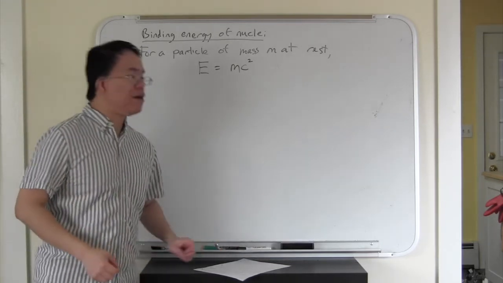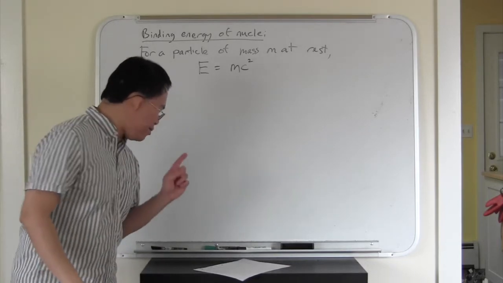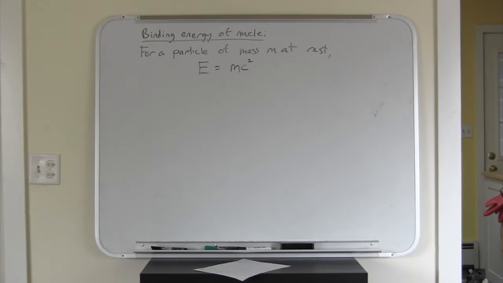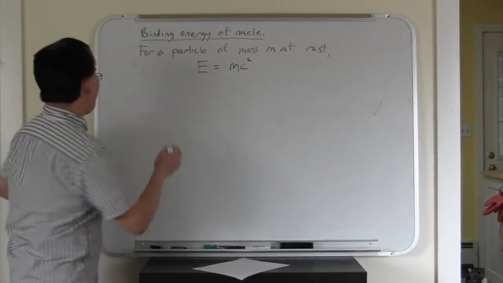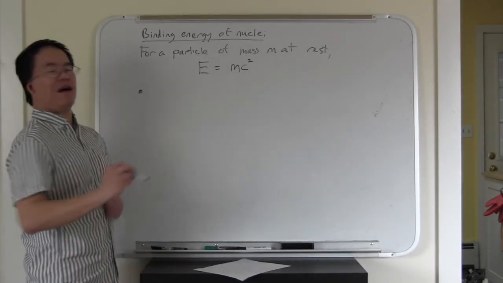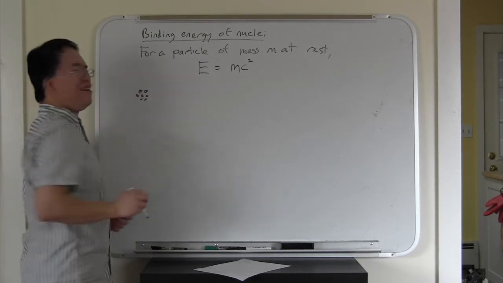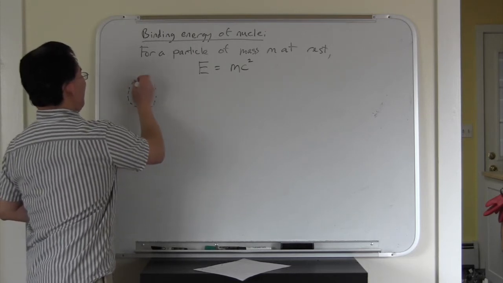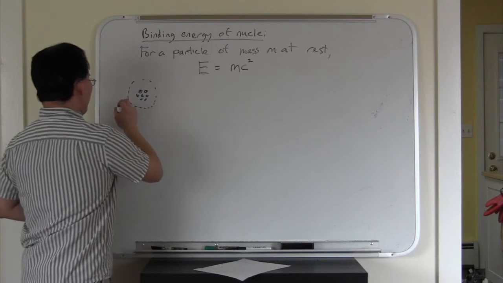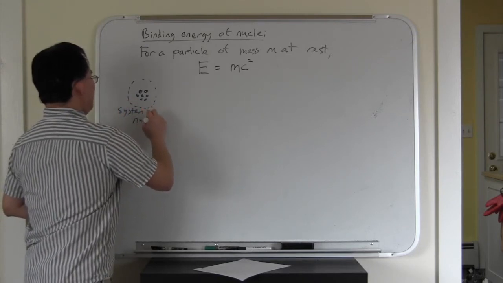So let's consider a system where the following holds. If I have a system of nuclei, I'll just draw this as a blob of dots like this, and imagine an imaginary boundary around my nucleus.